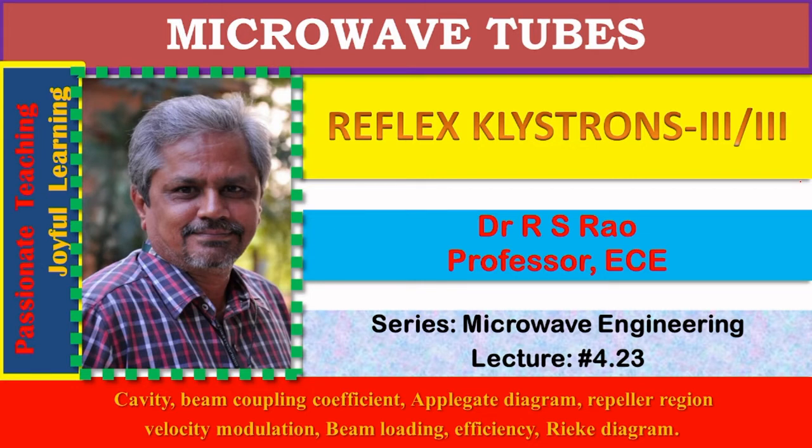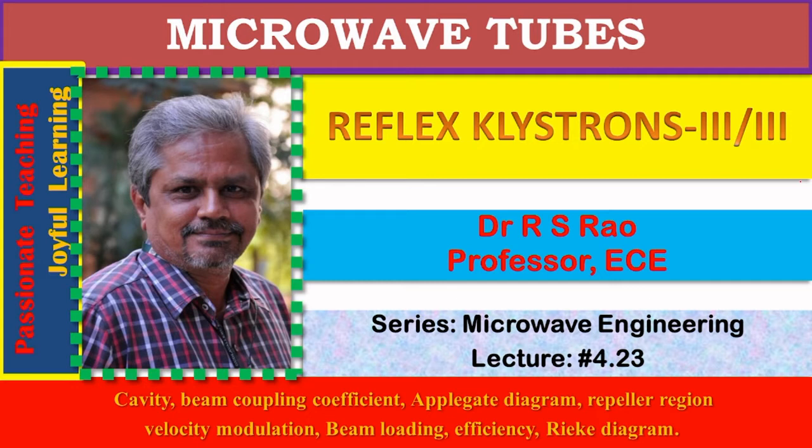Mode and frequency are also dependent upon accelerating voltage. The interconnection between repeller voltage, accelerating voltage, mode number, and frequency of operation is described and discussed in the present session.